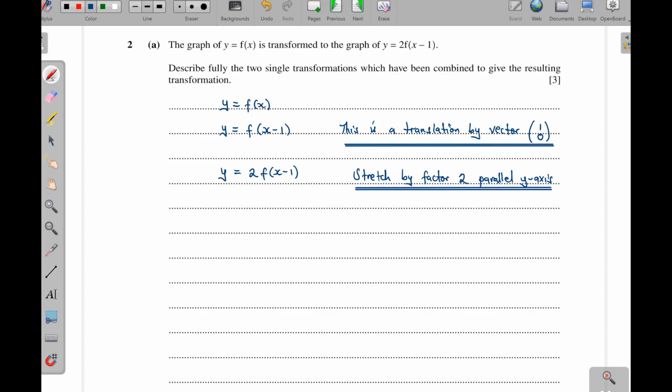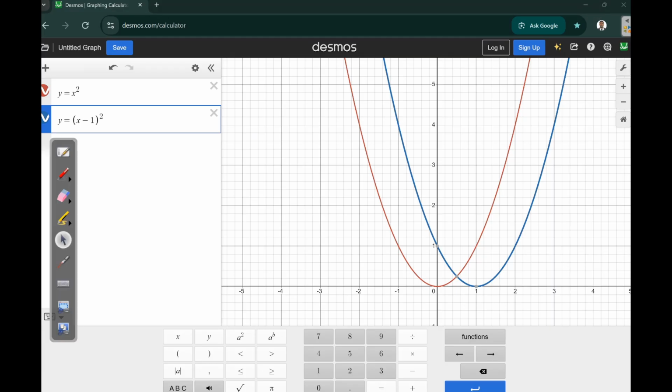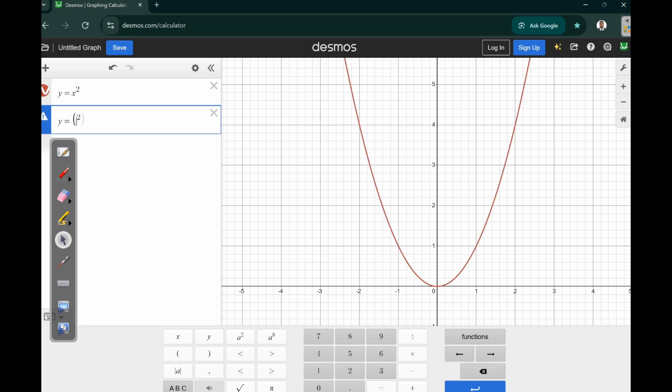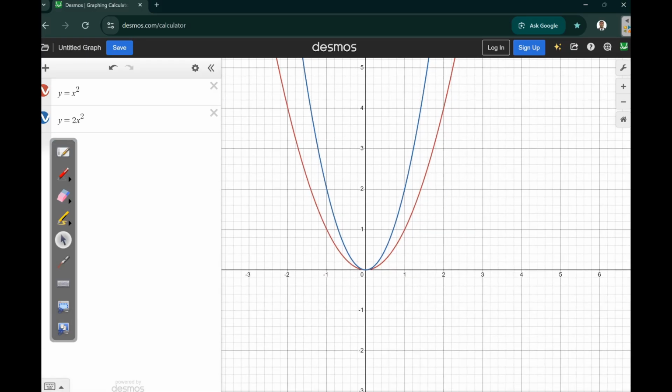Let me also show you this one. When it comes to stretch, suppose I get this graph of mine here. Let me remove this, and then I put 2 times x squared. So for the same x coordinate here, which is 1, the y coordinate of this one is what?